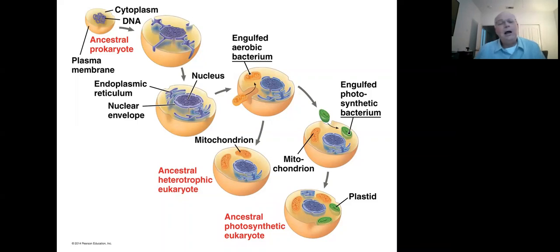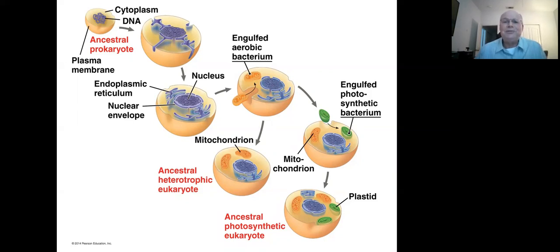And so after about 20 years of struggle, finally, enough evidence accumulated that people had to say that, in fact, Margulis was correct, that bacteria, specifically aerobic bacteria and cyanobacteria, respectively, represent the origin of mitochondria and chloroplasts.